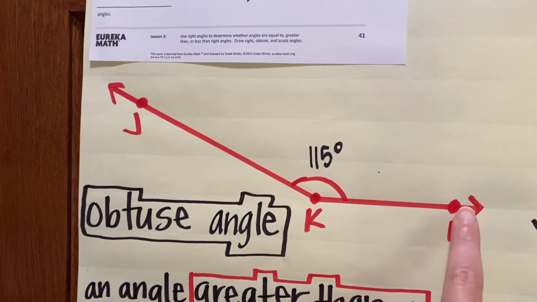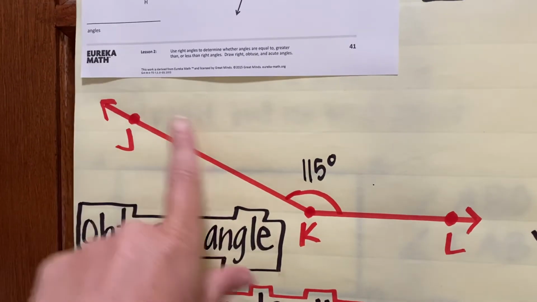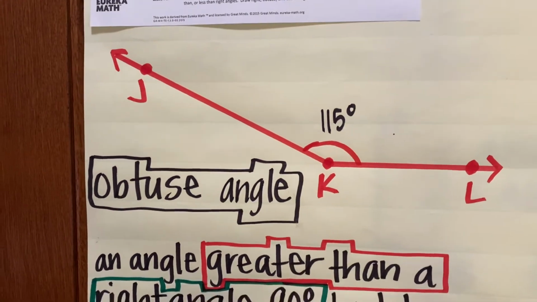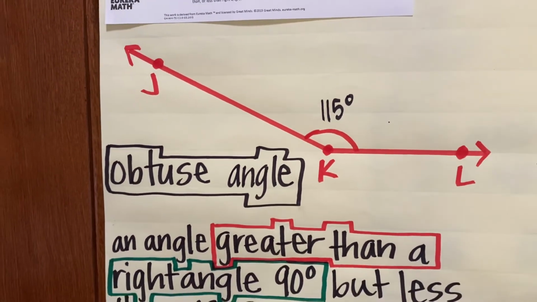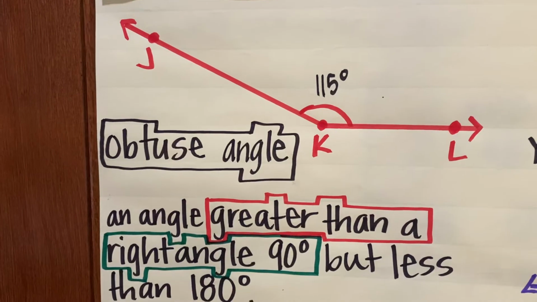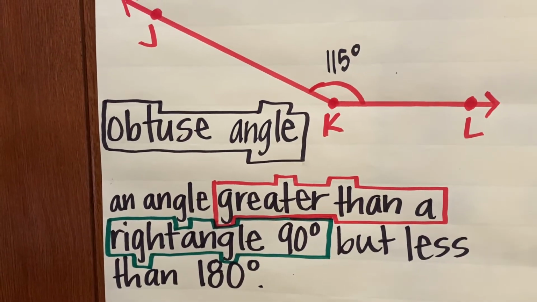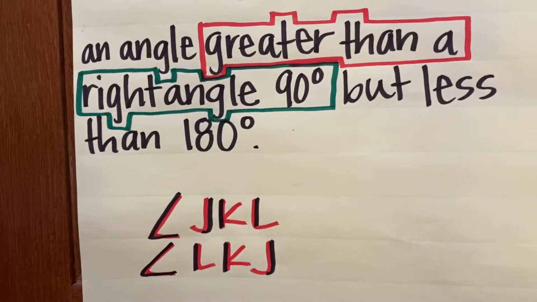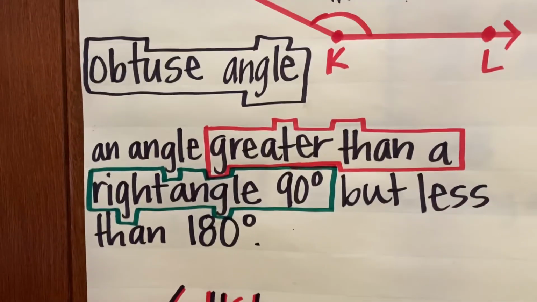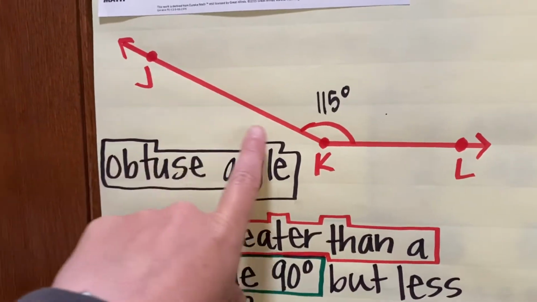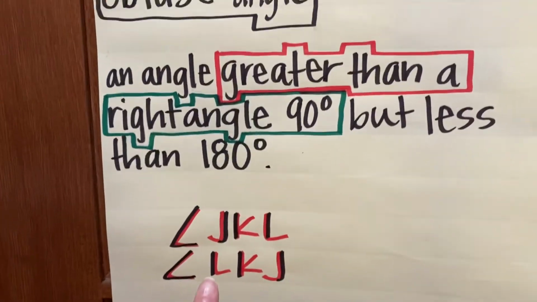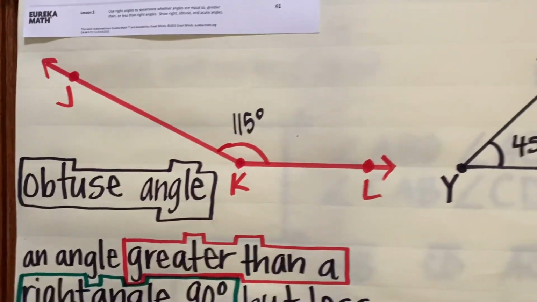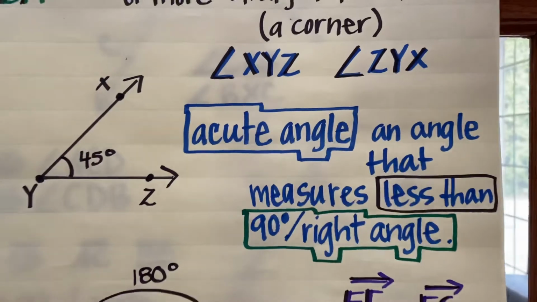They're the ones that go way far out, like 115 degrees, maybe 126, 165, anything that is greater than 90 but less than 180 degrees. Again, this one would be labeled angle JKL, or LKJ.